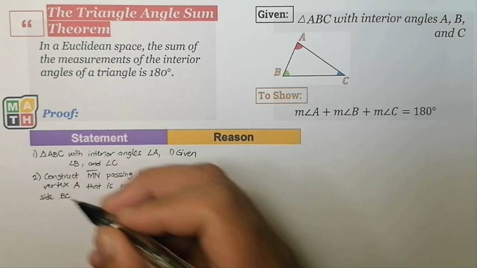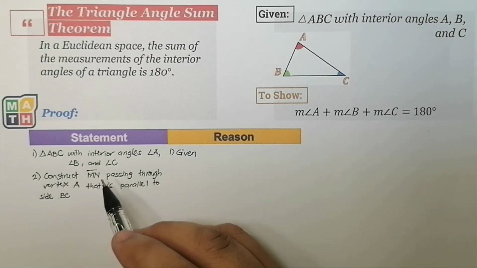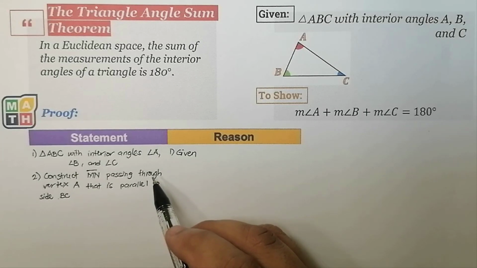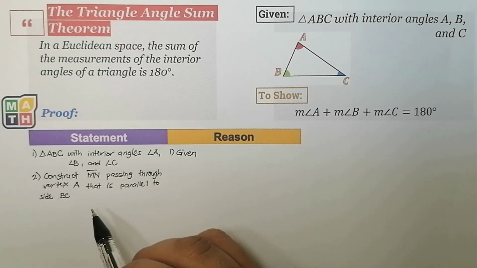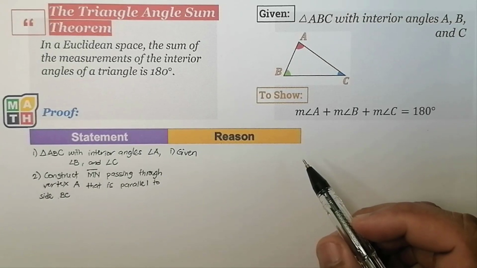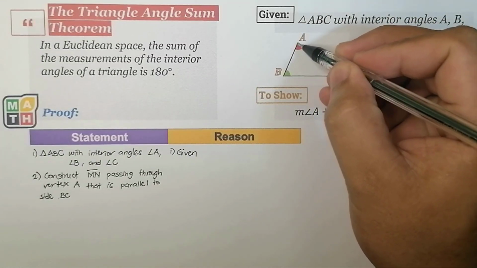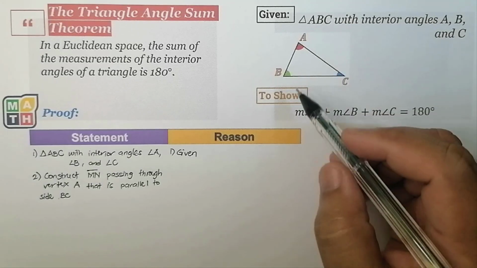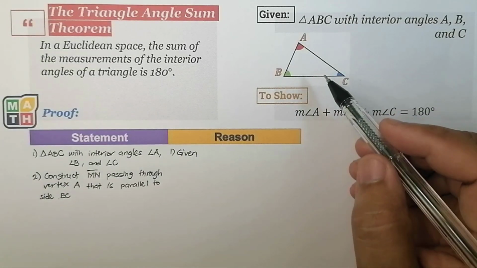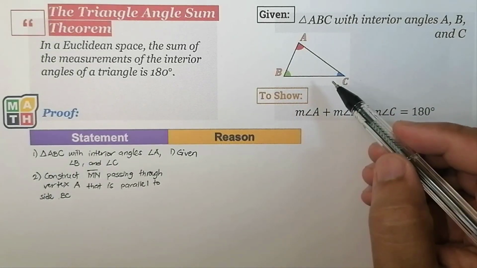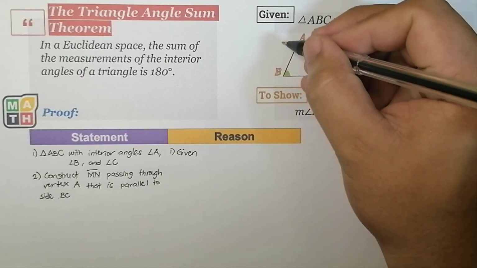Again, I'm going to construct a line segment MN passing through vertex A that is parallel to side BC. In short, I'm going to draw a line segment covering the vertex A that is also parallel to side BC. You know already what parallel means, so it would look like this.